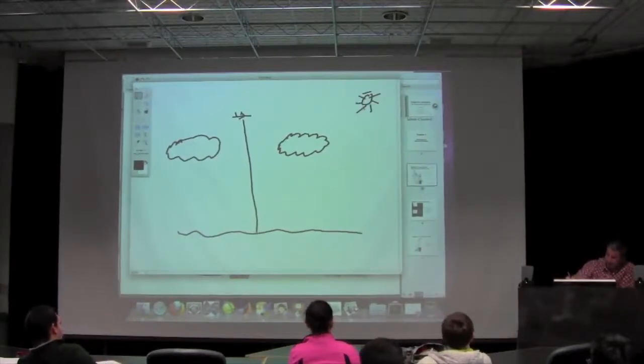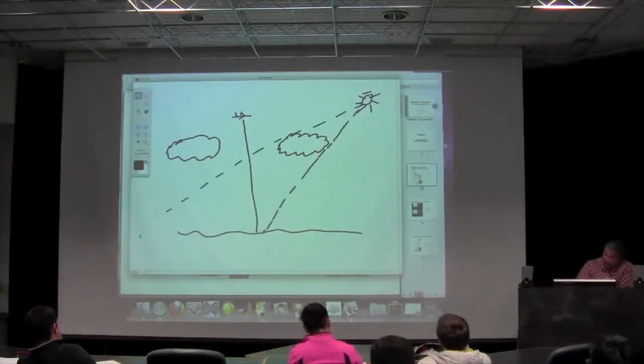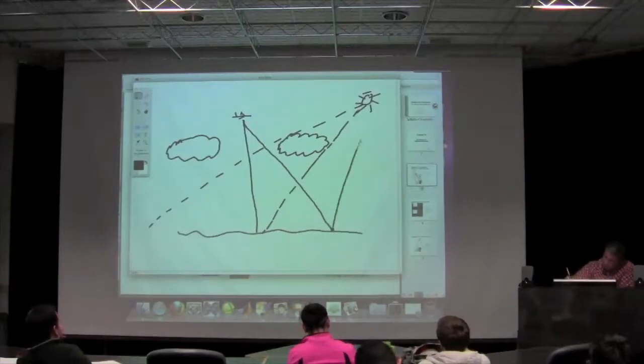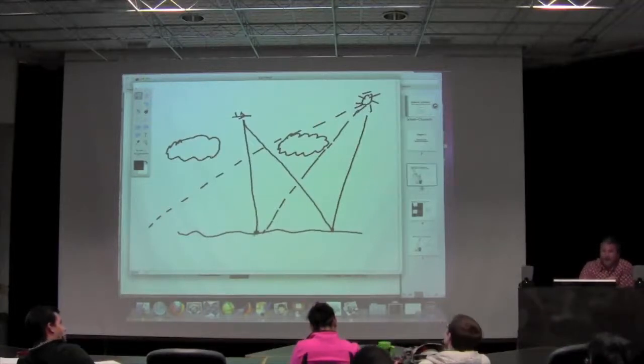So let's project the shadow of the cloud onto the ground, so we've got that big old shadow on the ground. If I look here, and then I look over here, I have an area in sunlight and an area in shadow of the cloud.